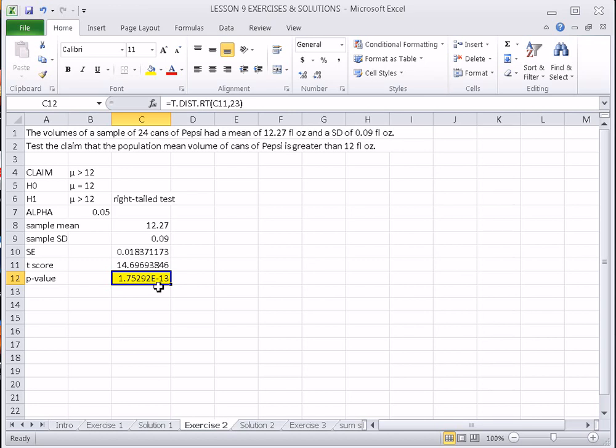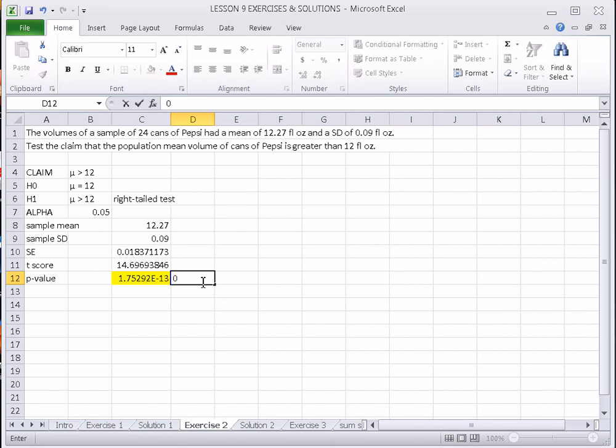And that negative 13 means that this number is equivalent to the decimal in which the decimal point is moved 13 places to the left, which means you would have 12 zeros before you hit the 175. This is obviously a very tiny number.